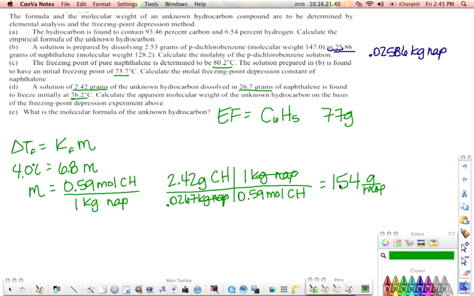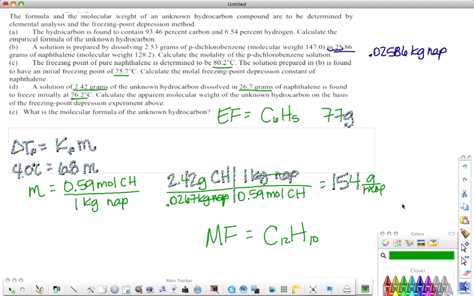And so 154 divided by 77 tells us that this is half of this, which means that our empirical formula is half of what it should be. So the molecular formula is C12H10. And that question is done.